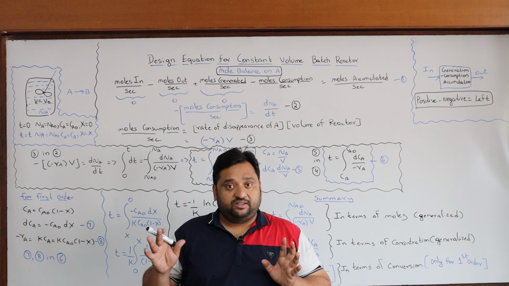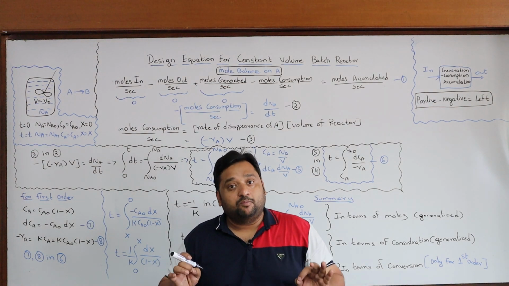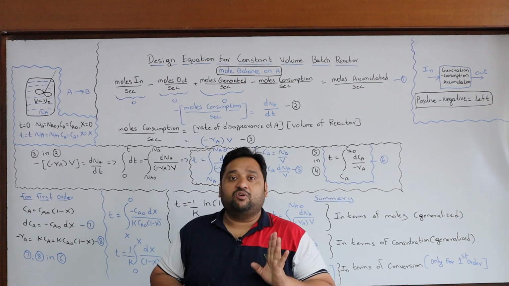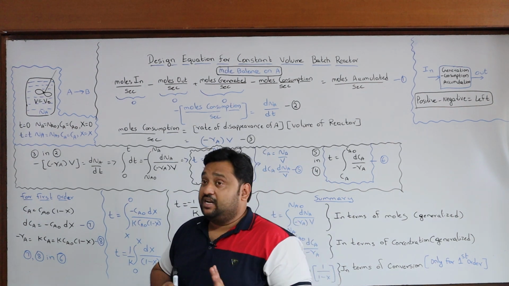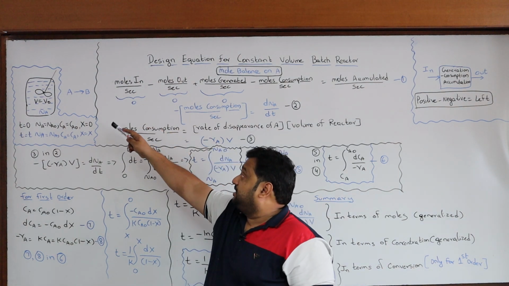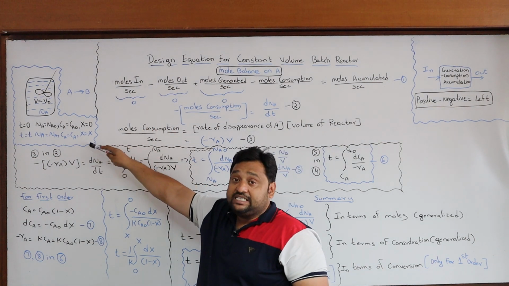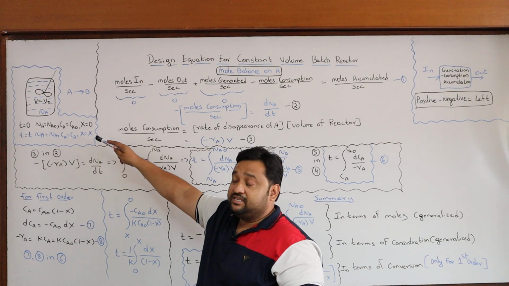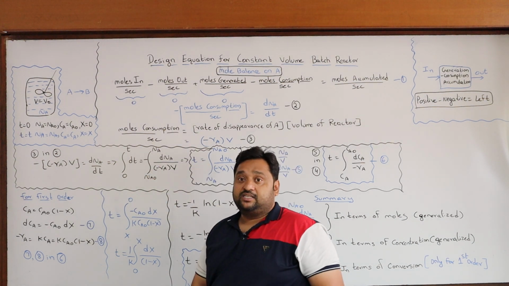If you do that, you get a mole balance. To design any reactor, the starting point is the mole balance. That's why the lecture starts with the initial basis, meaning the initial and final conditions, followed by the mole balance.